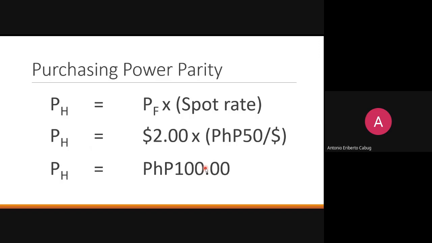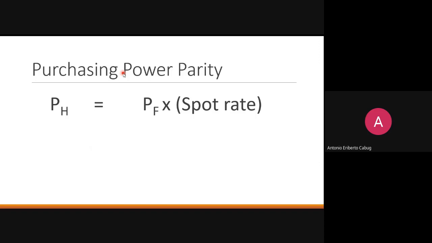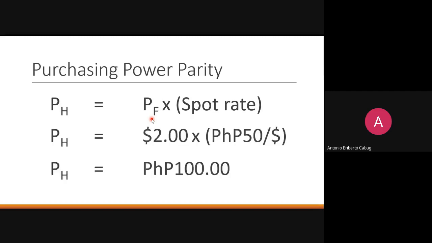Again, we call this purchasing power parity. Please take note of this formula. The spot rate is the exchange rate if it will be exchanged now, today.